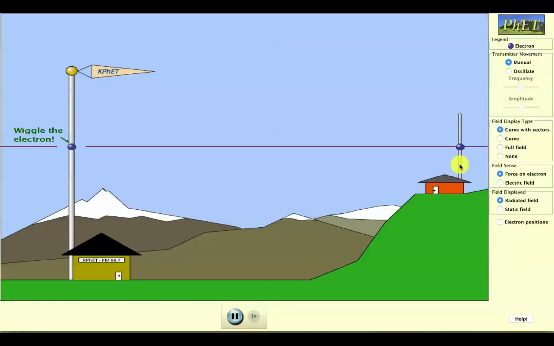Now normally, if one just thinks of it in terms of Coulomb's law, the electron here communicates with the electron here only through the Coulomb force, and that is a 1 over r squared force. But if I wiggle this electron, then a wave travels out from here.